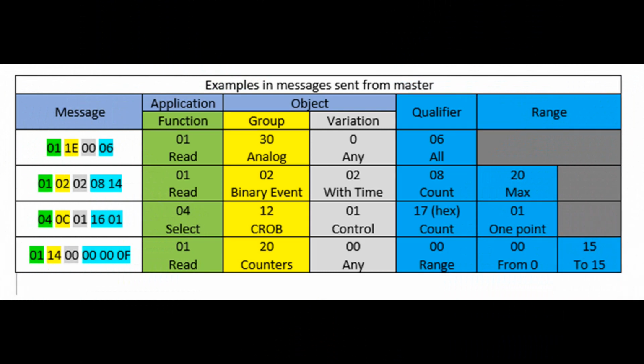If we go to the second one, we'll see that it has a function code of 1, which is read, an object group number of 2, which is binary events, an object variation of 2, requesting the events with time, a qualifier of 8, which is a count, and a range of 20 decimal, saying the maximum number of events I want is 20.